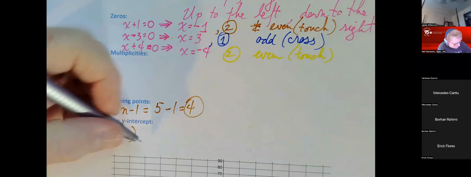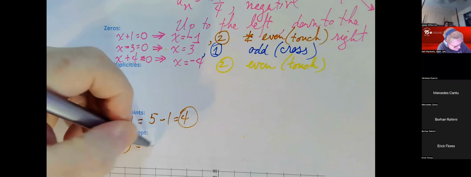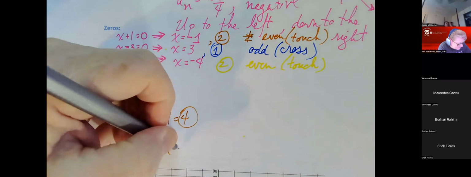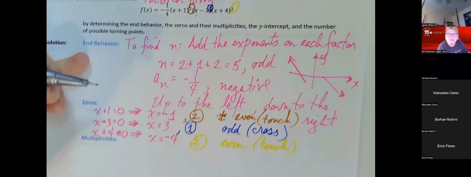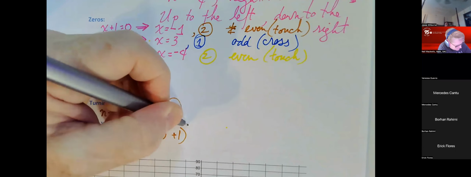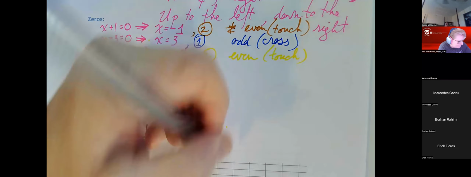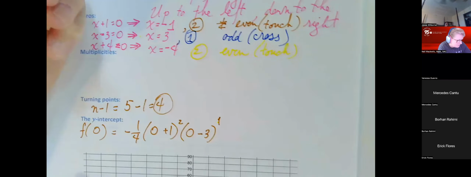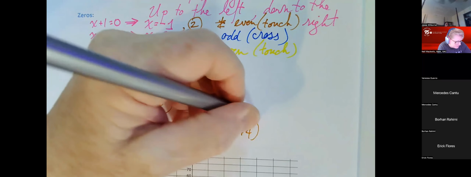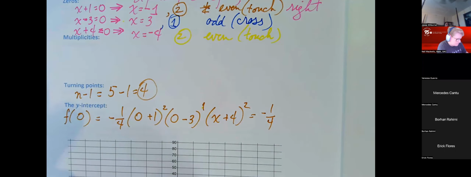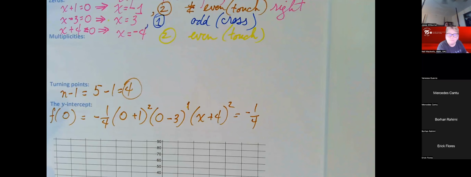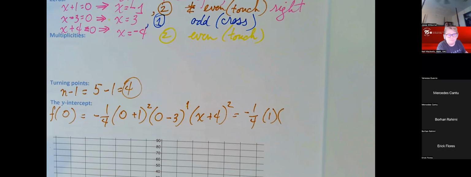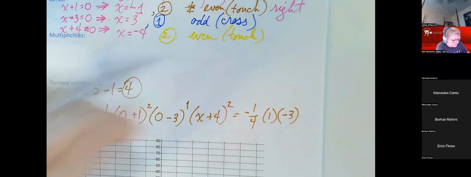0. Good. So let's see, f of 0 is -1/4, and I'm going to plug 0 in for the x. So x plus 1 squared, 0 minus 3 to the 1, and x plus 4 squared. So I've got -1/4. 1 squared is 1. -3 to the first power stays negative, -3.